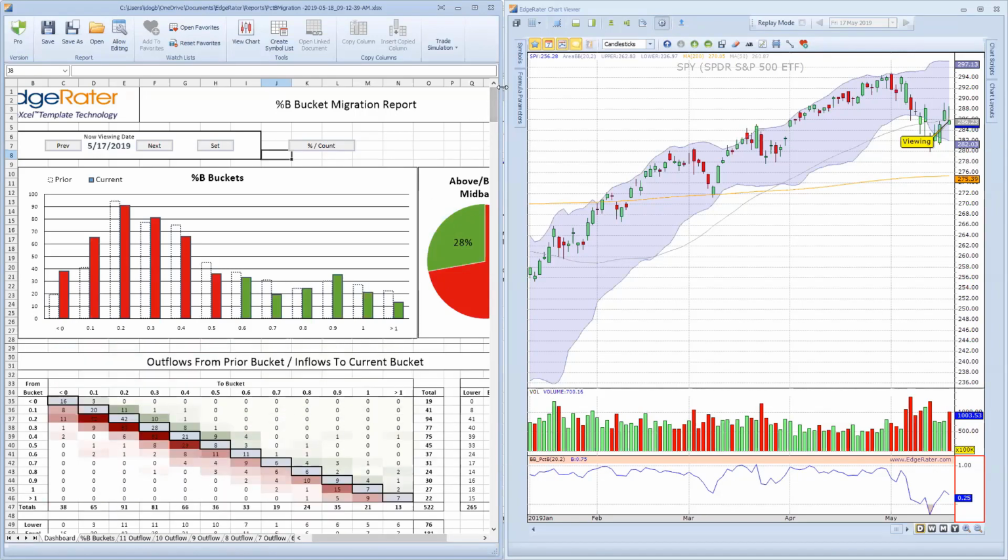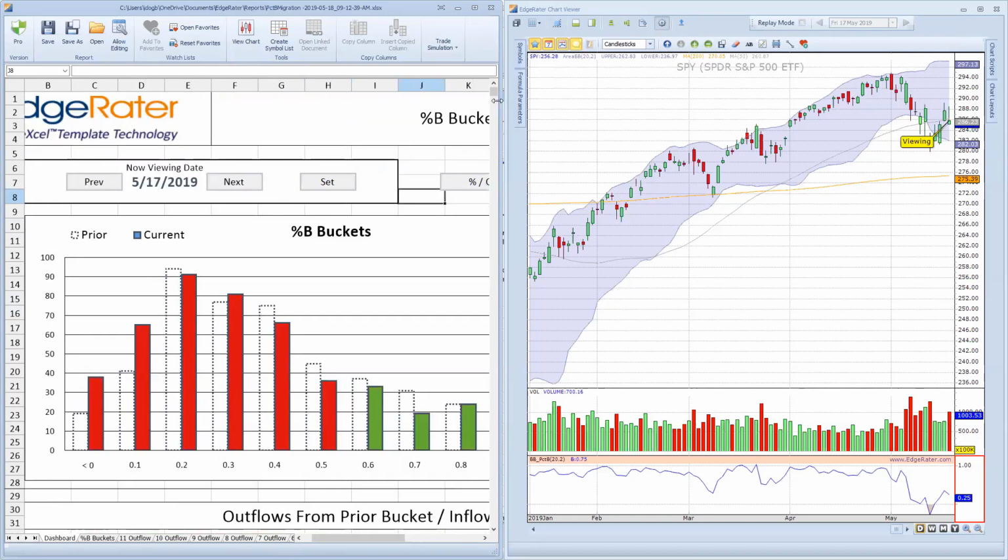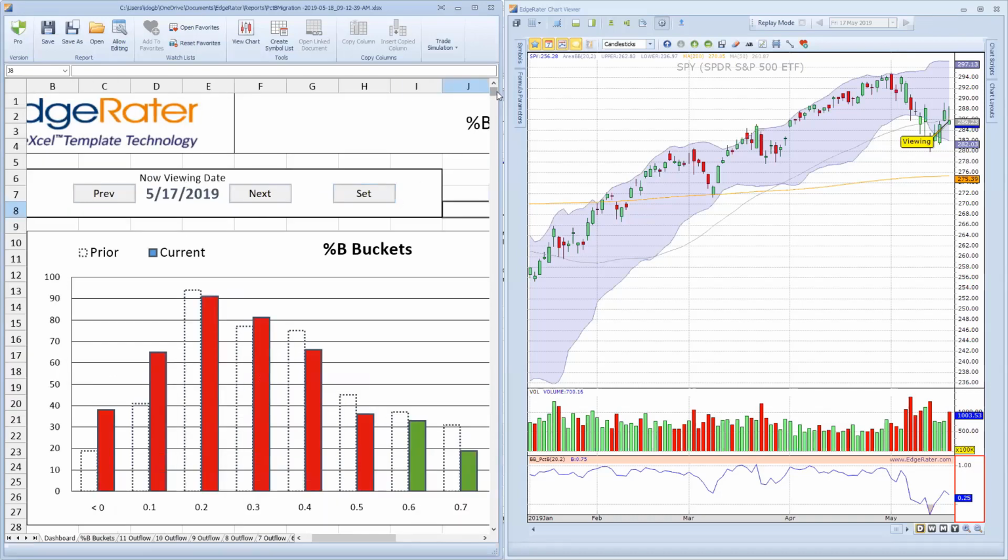So if you don't have a lot of real estate on the screen, you may be looking at a view which is somewhat like this, in which case you'll be scrolling and you won't see the lower part.